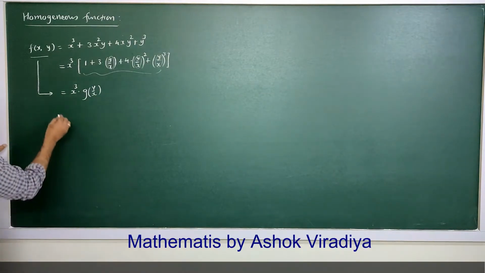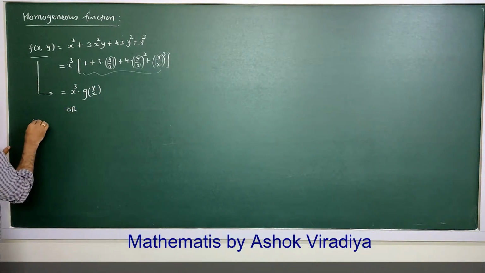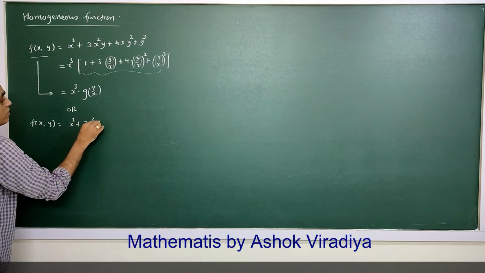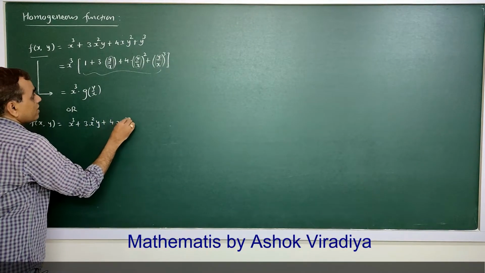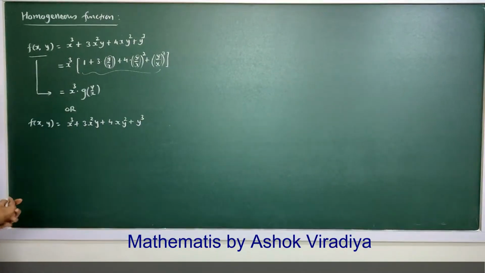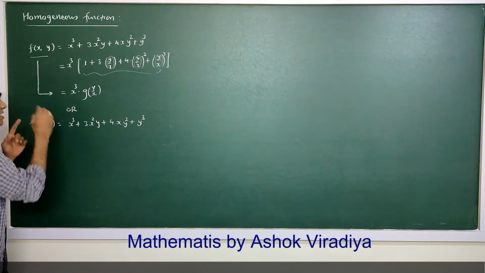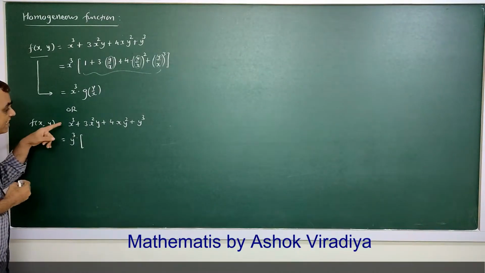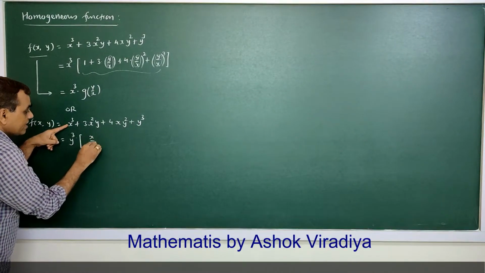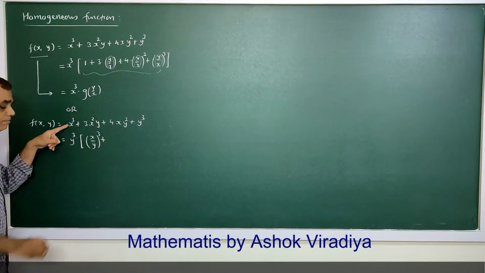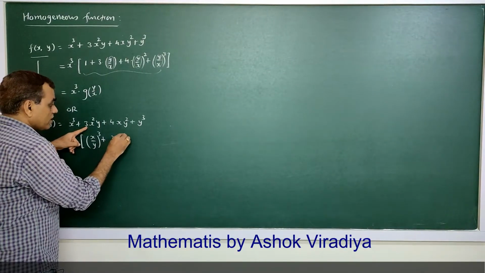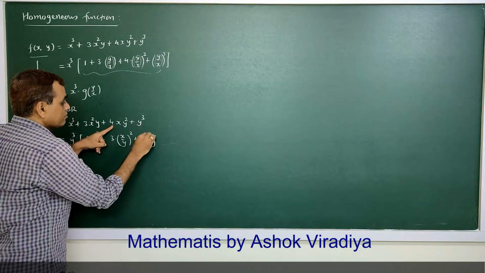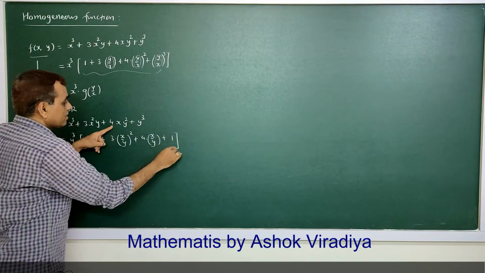Now again I am taking the same function, x cube plus 3x square y plus 4xy square plus y cube. Instead of x cube, I am taking y cube common. So if I take y cube common, then this will be x by y whole cube plus 3 into x by y whole square plus 4 into x by y plus 1.